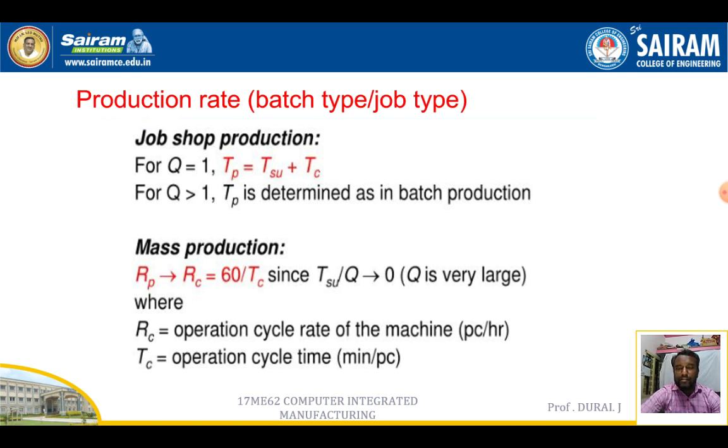In job shop production, the batch quantity Q is equal to 1, so TP is equal to TSU plus TC. If the batch quantity is more than 1, TP is determined as in batch production. In mass production, RP is equal to RC is equal to 60 by TC, where RC is the operation cycle rate and TC is the operation cycle time.